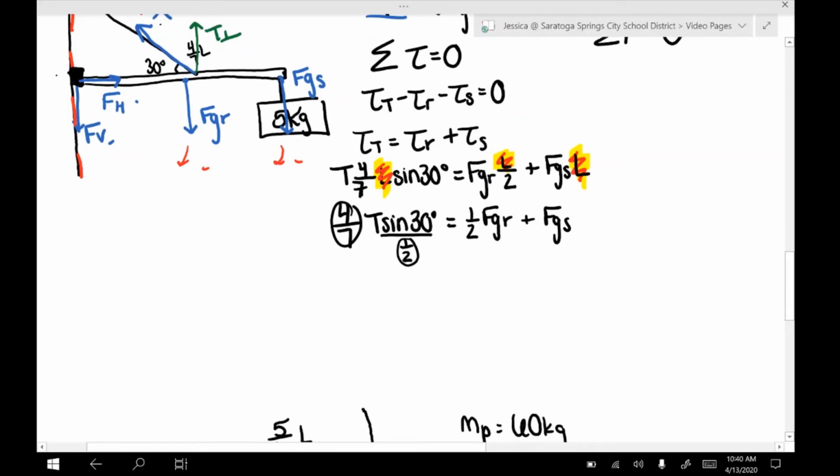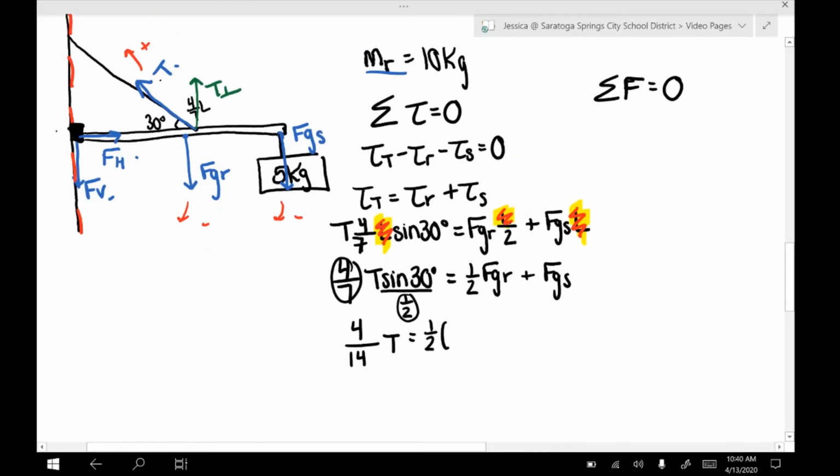When I'm multiplying fractions, I multiply the top and then I multiply the bottom. So this is 4/14 T is 1/2 the mass of the rod, 10 kilograms times 10 meters per second squared. The sign is 5 kilograms times 10 meters per second squared.